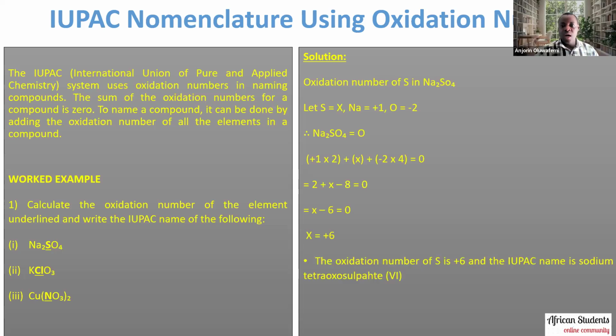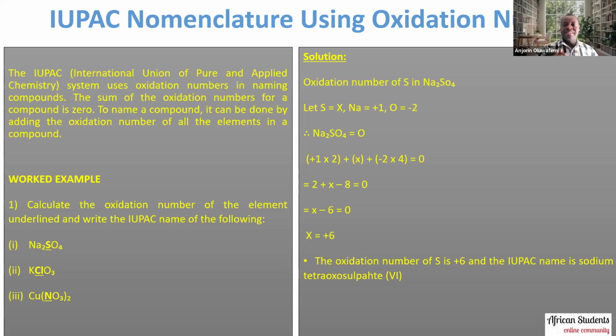+6. So the IUPAC name, therefore, based on the oxidation number of sulfur that is +6, the IUPAC name of this compound would be sodium tetraoxosulfate(VI). Sodium, Na, sulfur is sulfate 6. But before we get to sulfur, we need to mention the oxygen, which is 4 oxygen atoms.